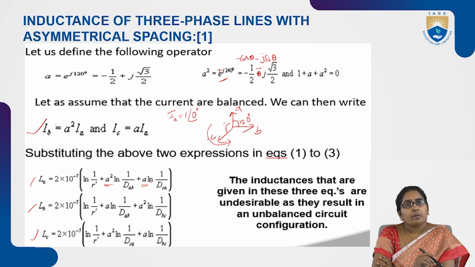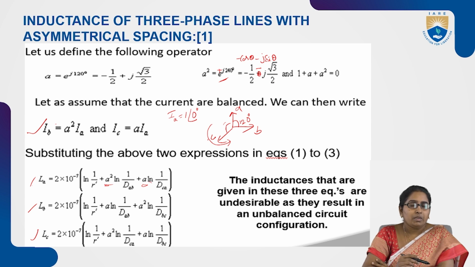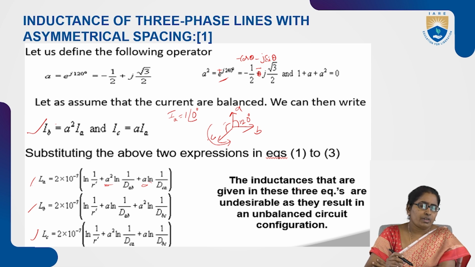From these expressions, we can understand that for the three conductors A, B, C of the three-phase line, the inductances are unequal, which is undesirable, as it results in an unbalanced circuit configuration.